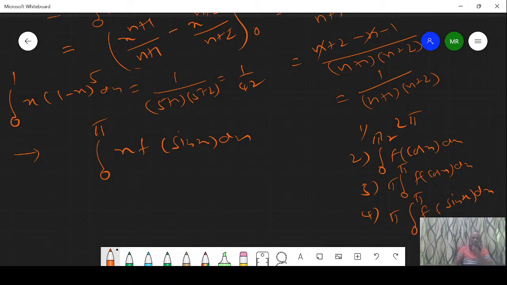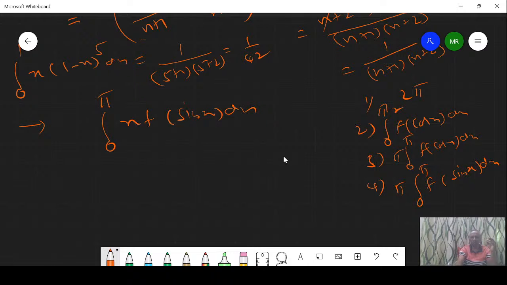Which option is correct? These are the options: 2 pi, 0 to pi f of cos x dx, pi into 0 to pi f of cos x dx, pi into 0 to pi f of sin x dx. Can you write this one?